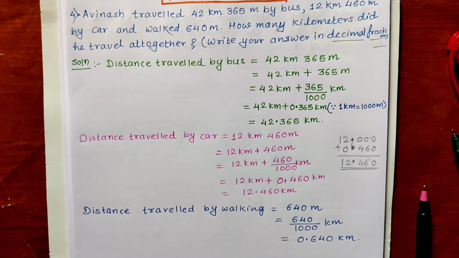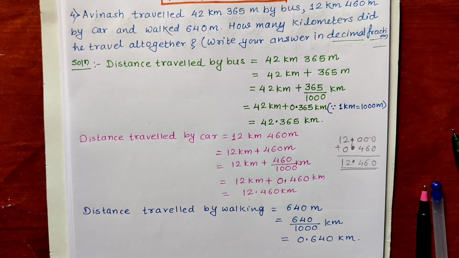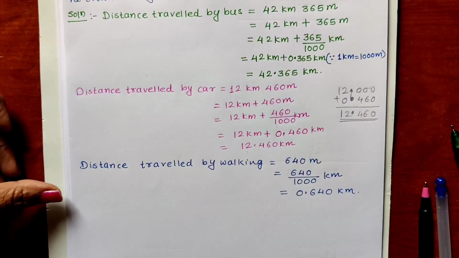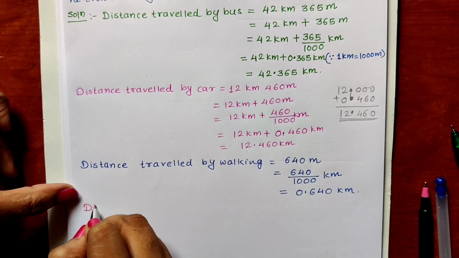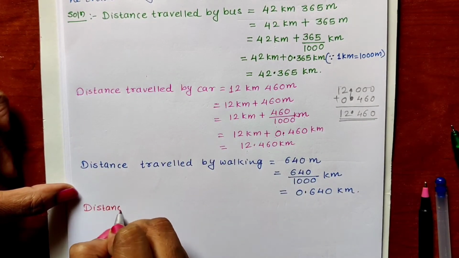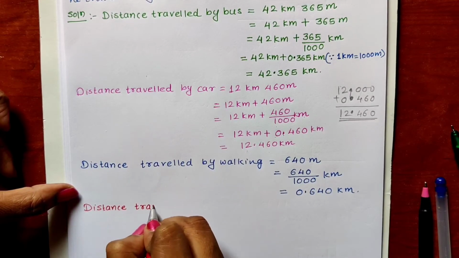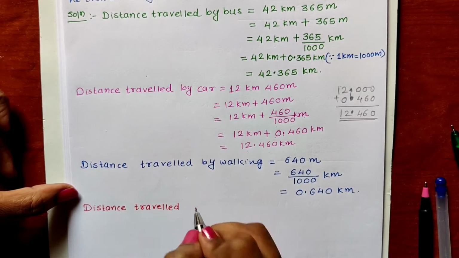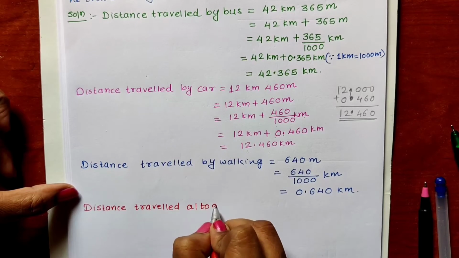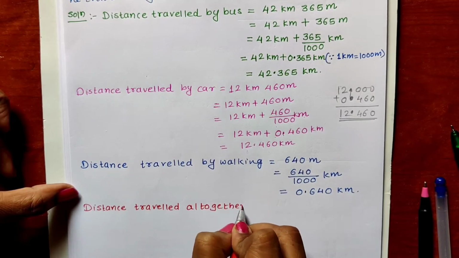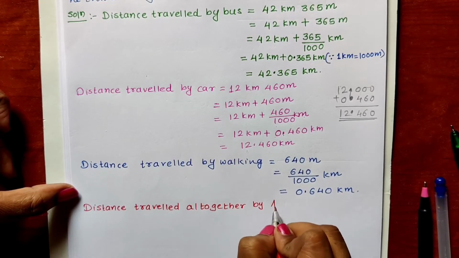We have to write the distance Avinash traveled all together. So let us write: distance traveled all together by Avinash.